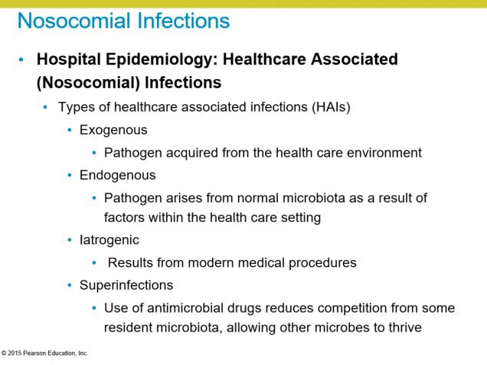However, we have seen that members of the normal microbiota can become opportunistic pathogens as a result of hospitalization or medical treatment such as chemotherapy. Such opportunistic pathogens cause endogenous HAIs, which means they arise from normal microbiota within the patient that become pathogenic because of factors within the healthcare setting.